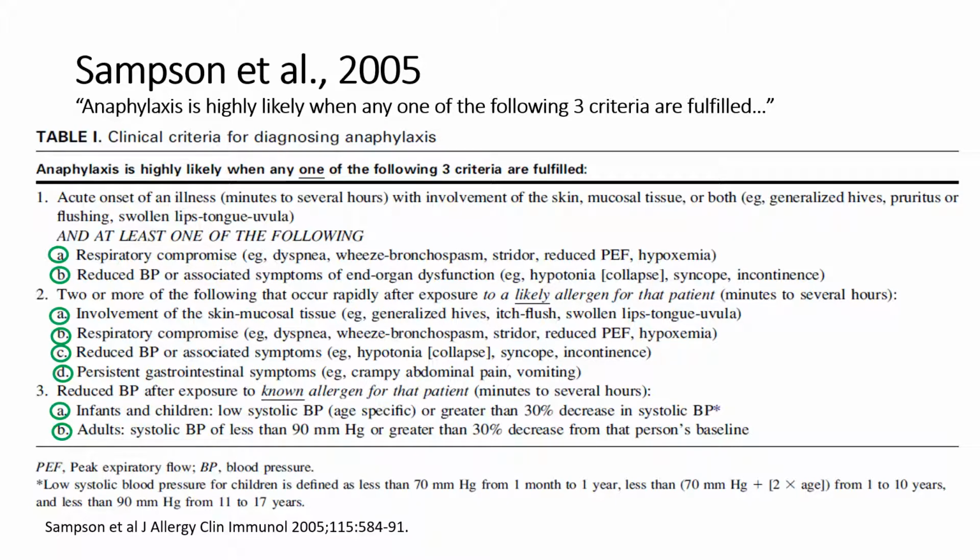So with the Sampson criteria, criterion number 1, when we cannot obtain a reliable history, but we have any one of these symptoms that the criteria list, the patient should be treated. Number 2, when we can obtain medical history and it's a likely allergen for that patient. And number 3, when it's a known allergen for that patient.